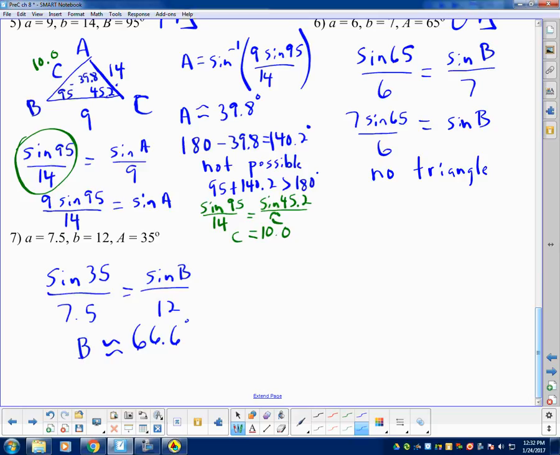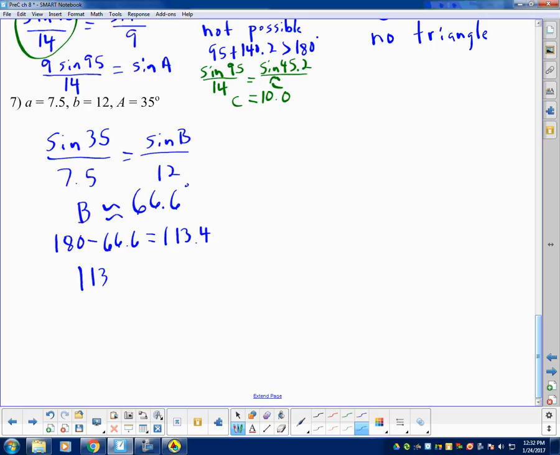So the test is take 180 minus 66.6 degrees. And what do we get? 113.4. Now, if you take 113.4 and add 35 to it, it's definitely less than 180, right? So 2 triangles exist in this case.